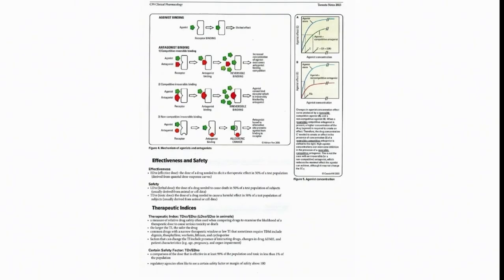ED50 is the dose required to produce the desired therapeutic effect in 50% of a test population. A lower ED50 indicates greater potency and less drug is needed to produce the desired effect.